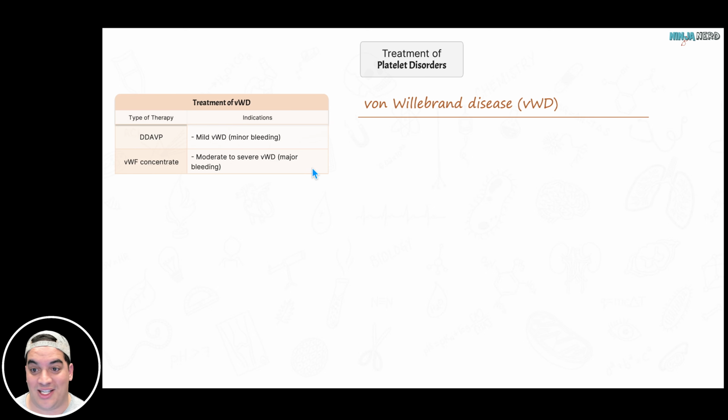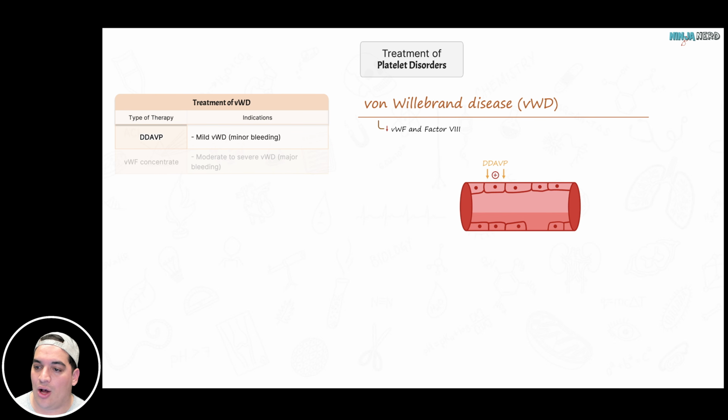Now, von Willebrand disease, which is the platelet dysfunction, you can actually do this two ways. First, if it's very, very minor bleeding, I'm talking about like they bleed a little bit from a cut, they have a little bit of epistaxis, they have some petechiae and purpura. In those scenarios, you can give them DDAVP. DDAVP is really interesting because it's actually going to tell the endothelial cells to increase the production of von Willebrand factor.